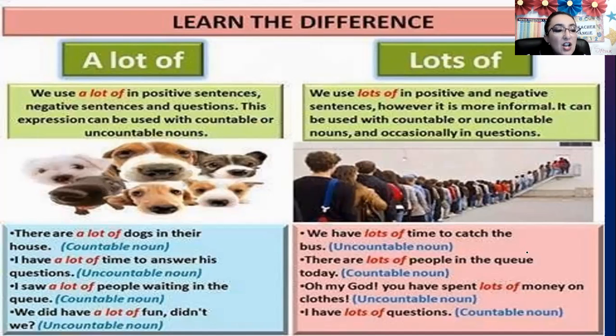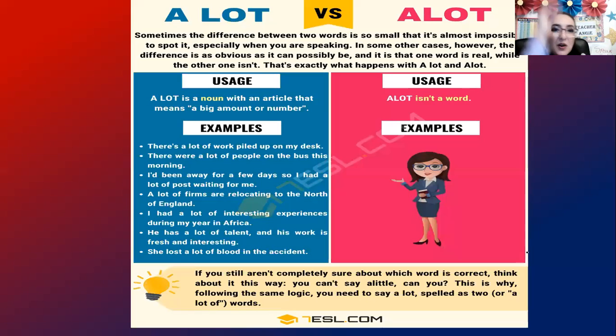I have lots of questions. Ooh, no. Sometimes the difference between these two words is so small. As I was telling you, they are pretty similar. They can be changing places. Yes. But as I was telling you, there are some small situations that are going to be making the difference.